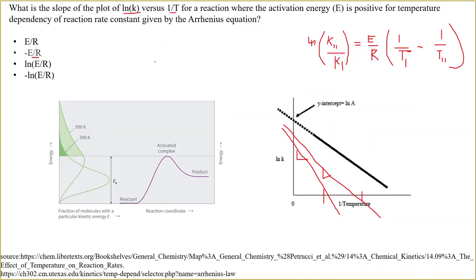Just a clarification: whether we have to take negative as the slope, since the inverse of temperature is on the x-axis. Yes, anyway, the curve is coming down, so that is correct.